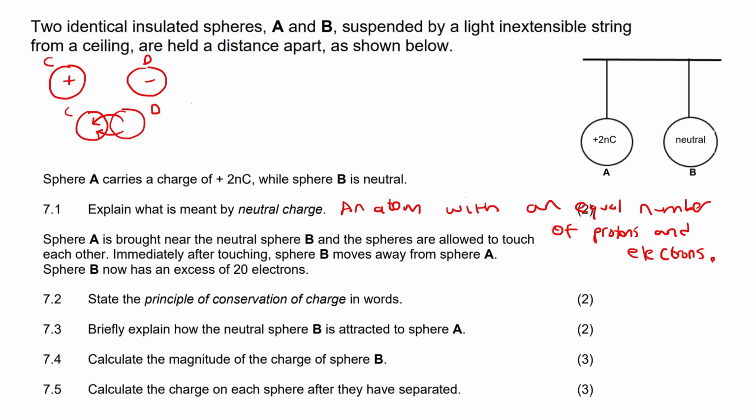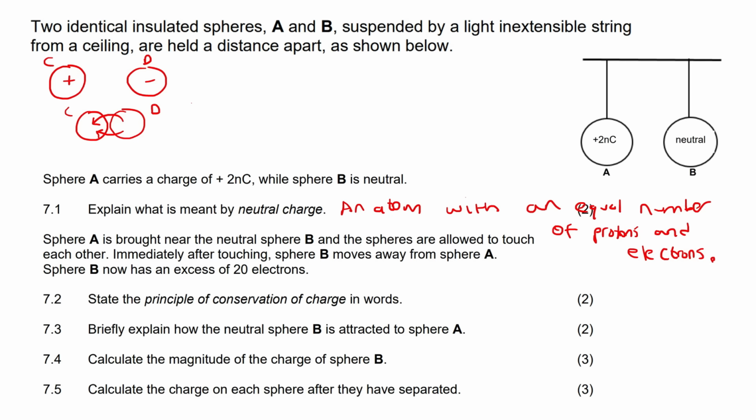And that will keep happening. As the electrons go away, this one will start becoming a little bit more positive because it's losing all the negative electrons. And then this one will end up becoming less positive because it's now gaining electrons. So there's a balancing effect happening.